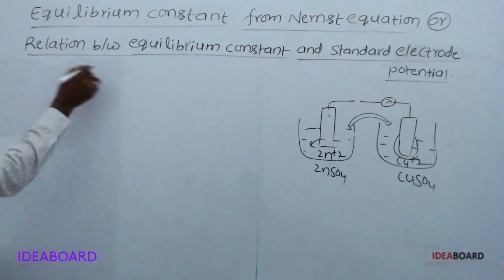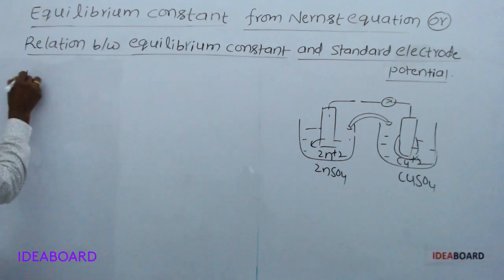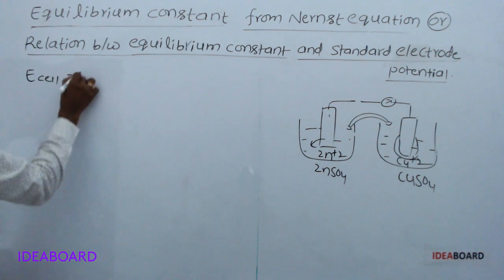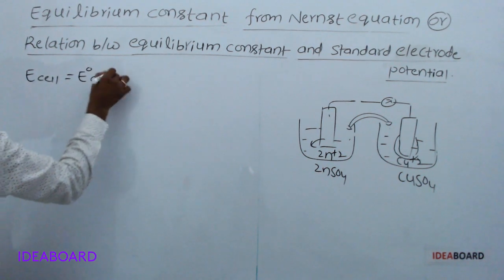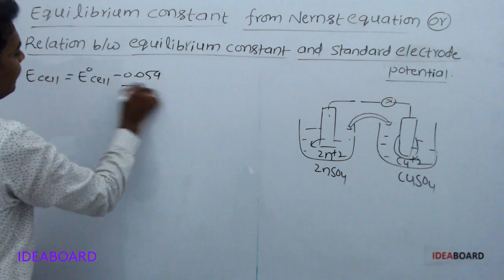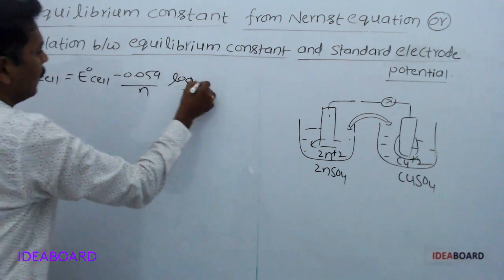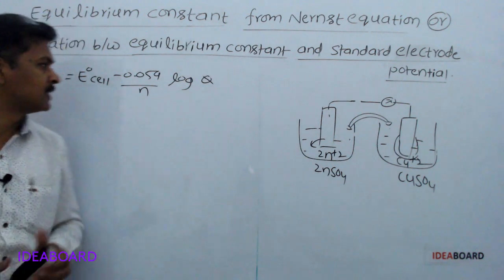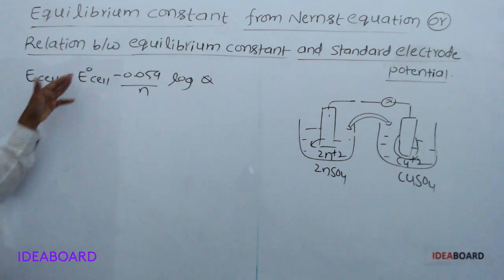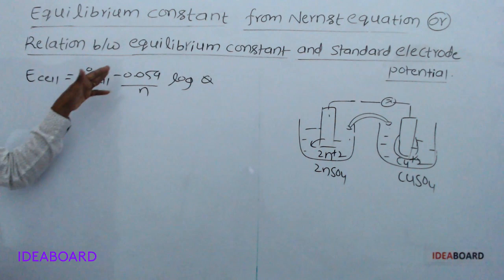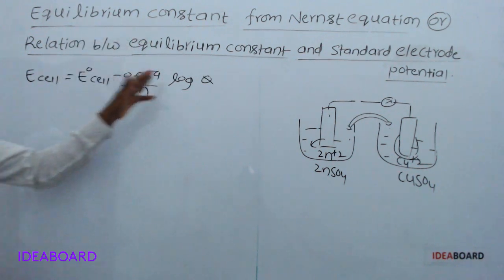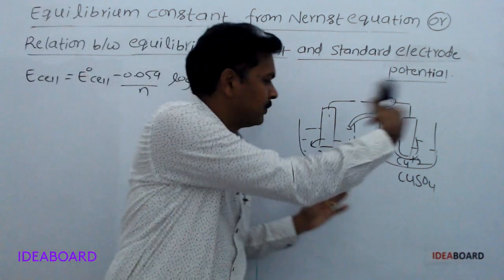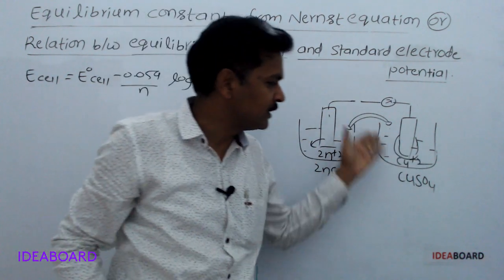See, this is Nernst equation for Daniell cell or galvanic cell. E cell is equal to E naught cell minus 0.059 by n log Q. Electrode potential of cell is equal to standard electrode potential of cell minus 0.059 by n log Q. After some time, electromotive force of the cell becomes 0.